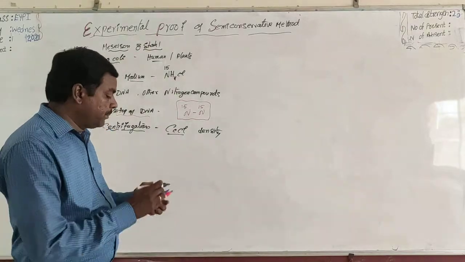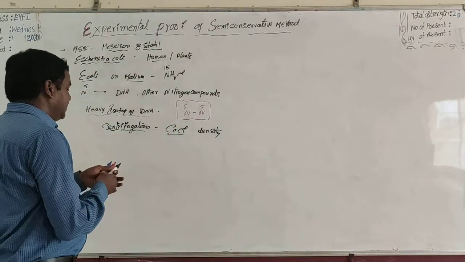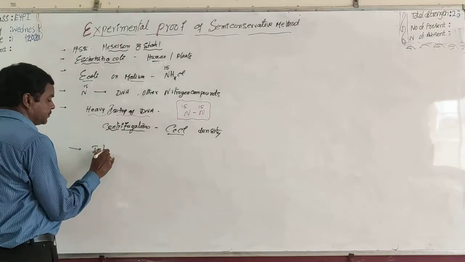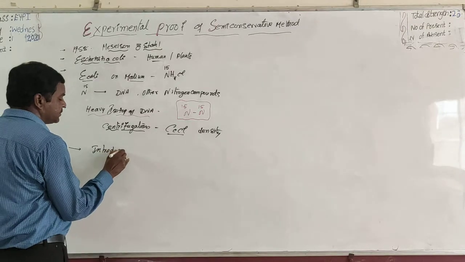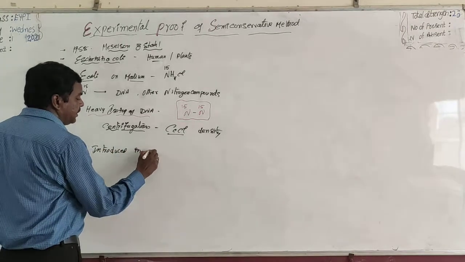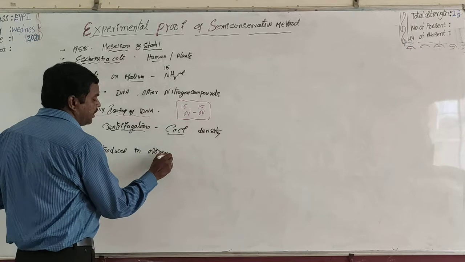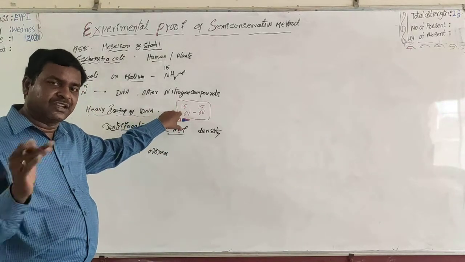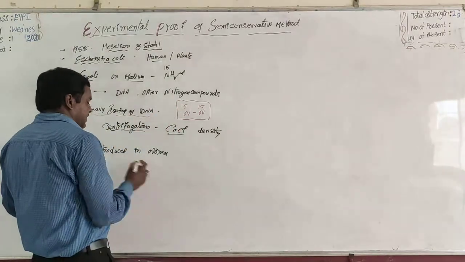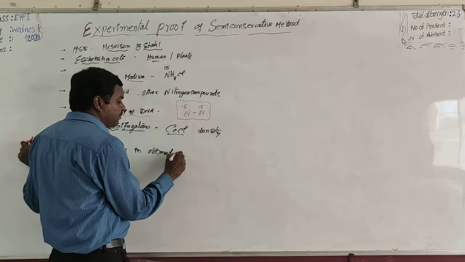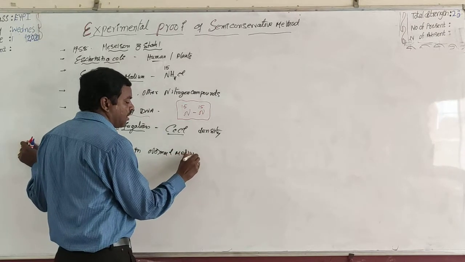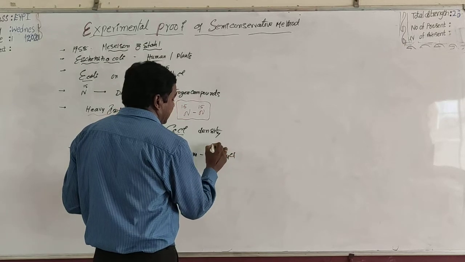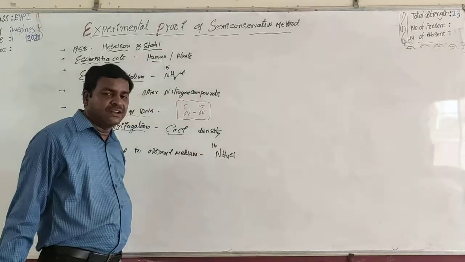Okay. Now this bacterium with N15 heavy DNA is introduced into a normal medium consisting of NH4Cl, in which the nitrogen is N14.